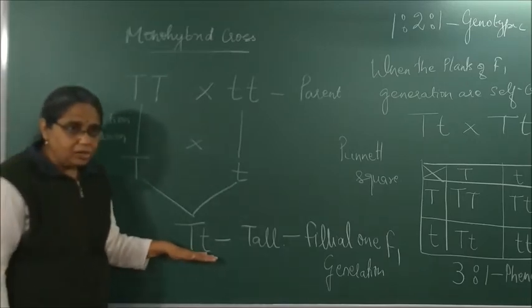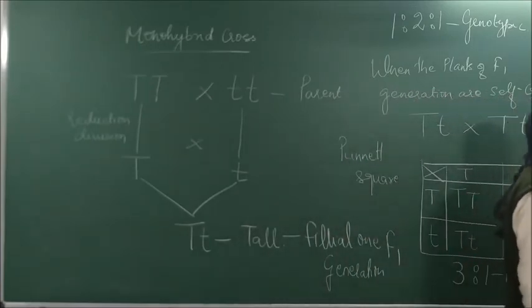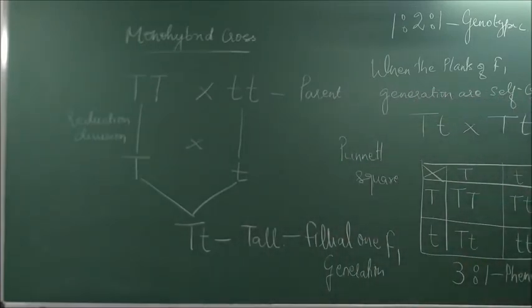When the plants of this generation are self-crossed, we can tell the F2 generation using a Punnett square. Okay, it is Punnett square. Right? So you will give 2 gametes, this will also give 2 gametes. When you cross, you find 3 plants are tall and 1 plant is short. That is appearance wise, so phenotypic ratio.